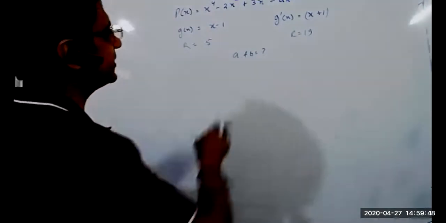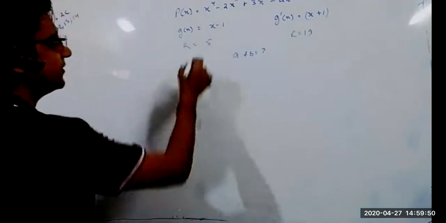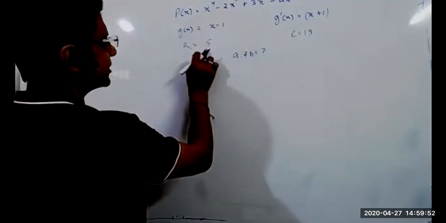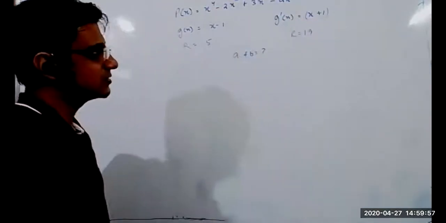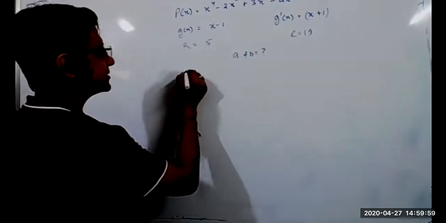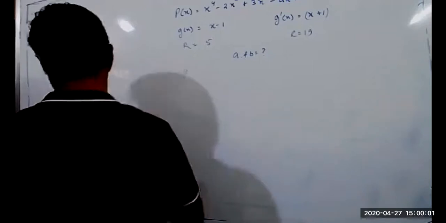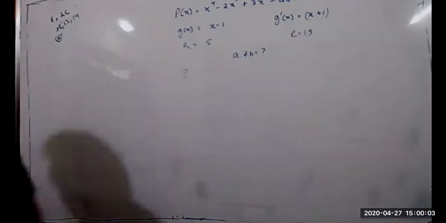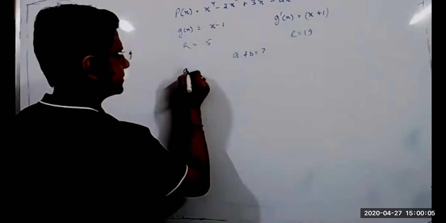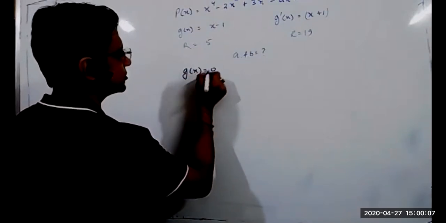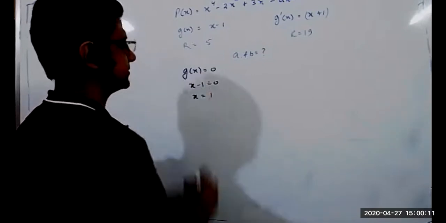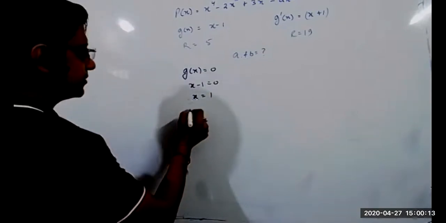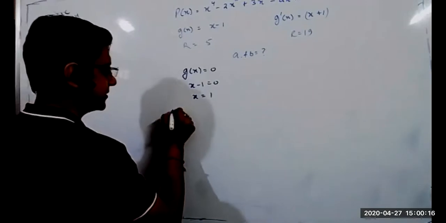So first we have to find the value of a and b here. When you divide this by this, you get this remainder. When you divide this by this, you get this remainder. So what we have to do? First, g(x) equals 0, so x minus 1 equals 0, so x is equal to 1. Now this value will replace here in p(x).